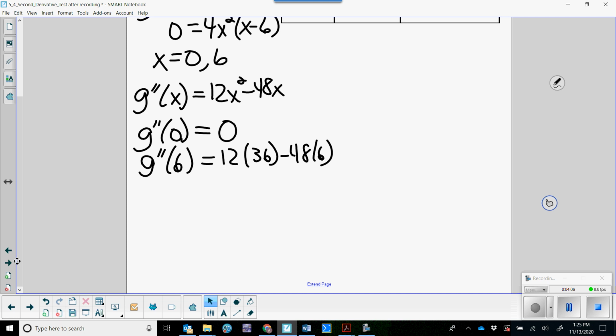You got to go to the side and do the arithmetic because you have to know how to do this on the AP test. So I'm going to just do it over here, this bottom corner. So I'm going to do 36 times 12, and you think I'm joking that some of you don't know how to do this, but some of you don't. So you do 36 times 12 on your little paper, and then you can look up here.